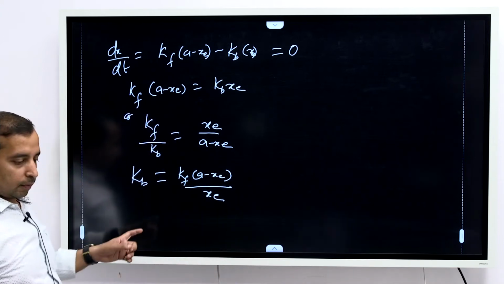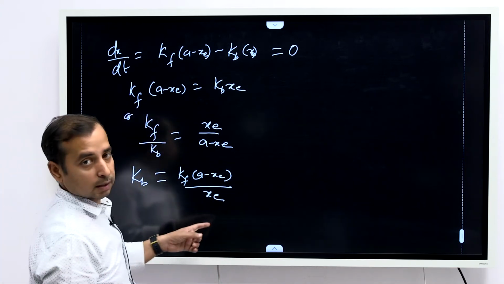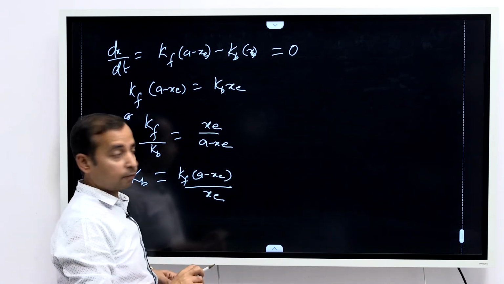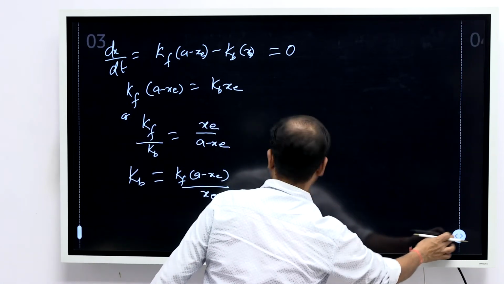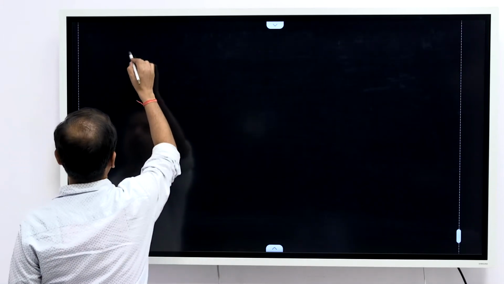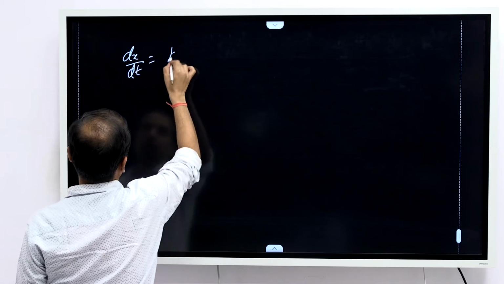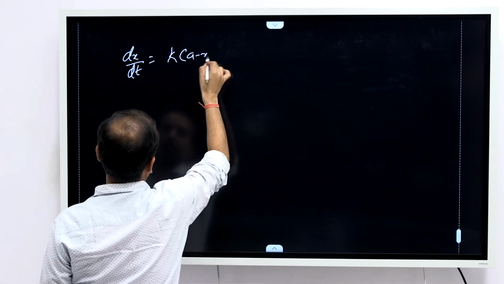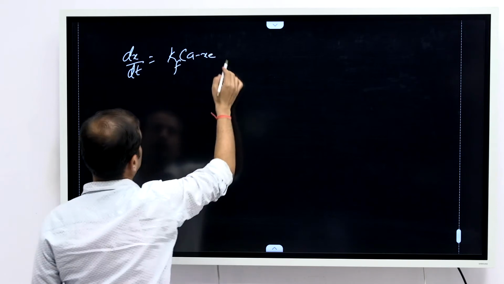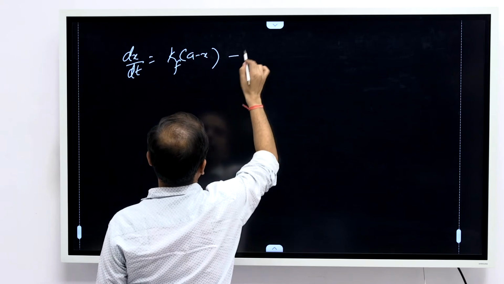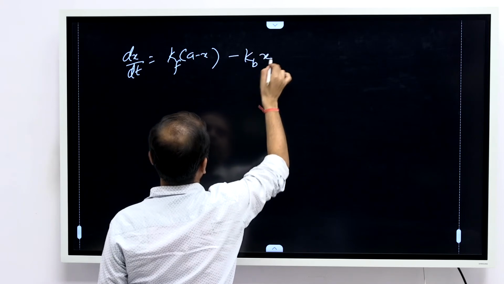So we put the value of kb in the rate equation, and then we will try to find the integrated rate equation. So our rate equation is basically dx by dt is equal to kf into a minus x minus kb into x.